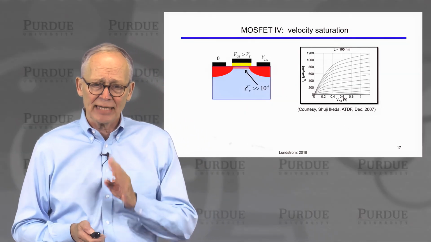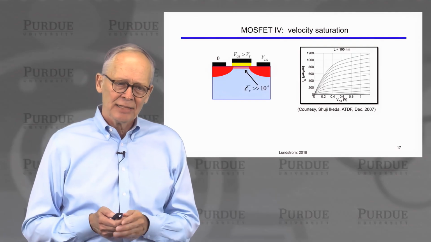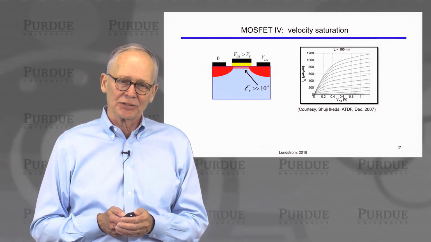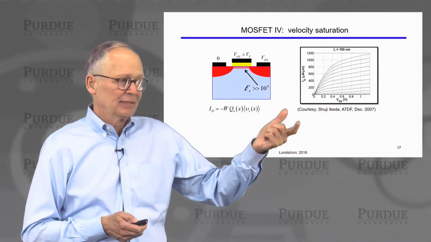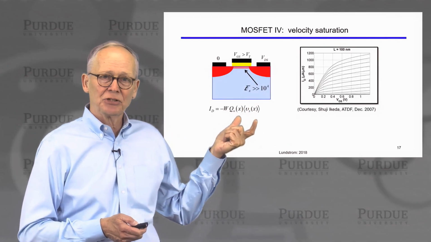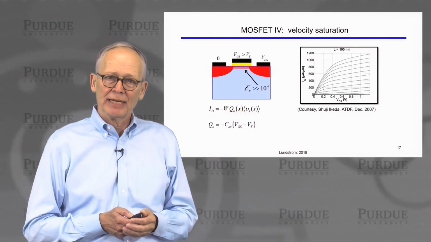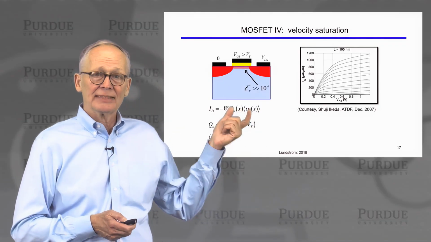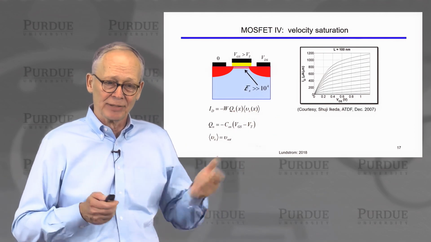So we need to derive the IV characteristics under the assumption that the velocity is saturated because the electric field is so high in the channel. Well, that turns out to be even easier because we have the same current relation. Current is proportional to charge times velocity. Charge is Cox times Vg minus Vt. The velocity is just the saturated velocity, 10 to the 7th centimeters per second everywhere.